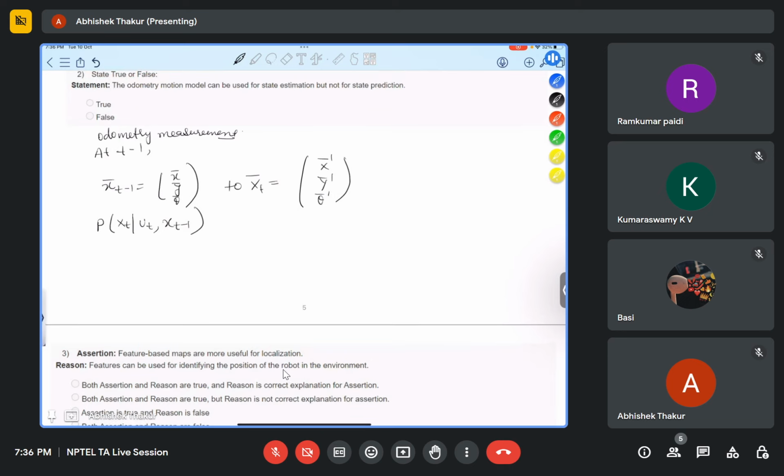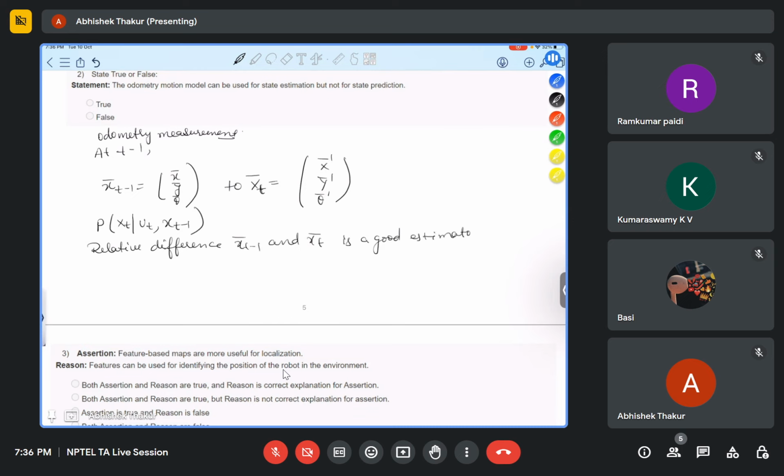And when we have an odometry measurement, the relative difference between xt bar and xt minus 1 bar is a good estimator for the difference of the true pose.